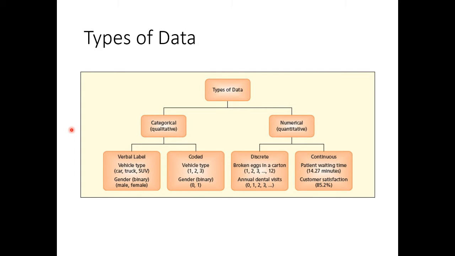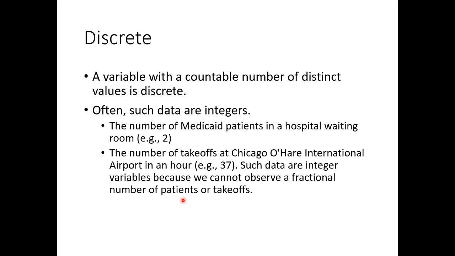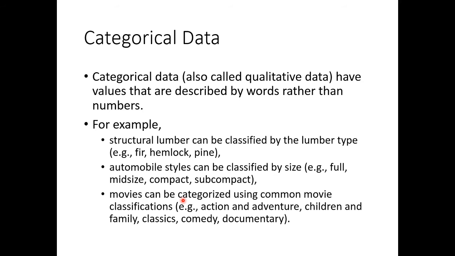Let's go back to the types of data. I told you in the first figure the data can be divided into categorical data and numerical data. Categorical data has values that are described by words rather than numbers.